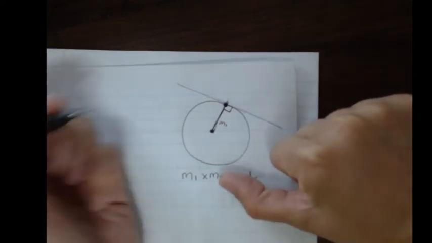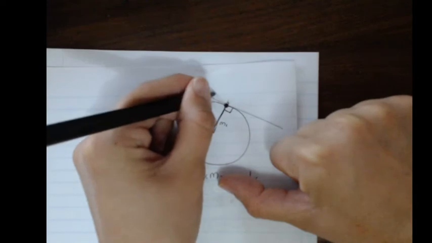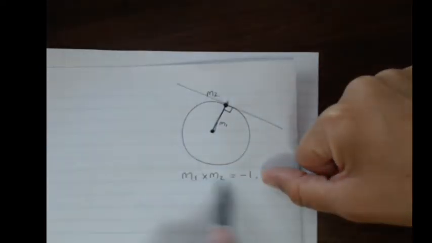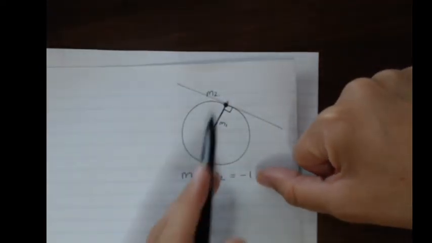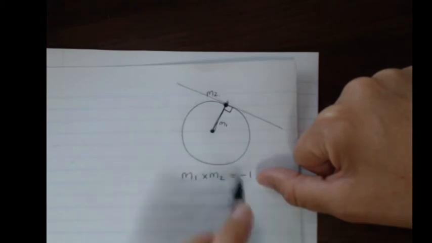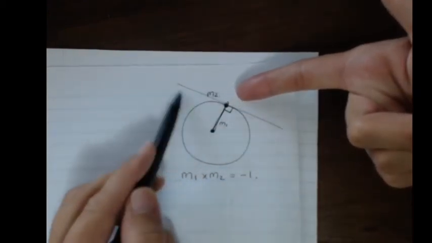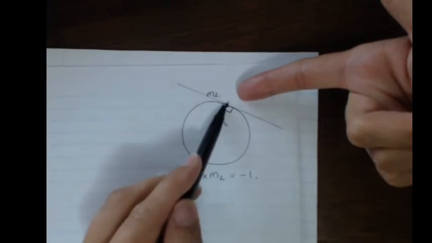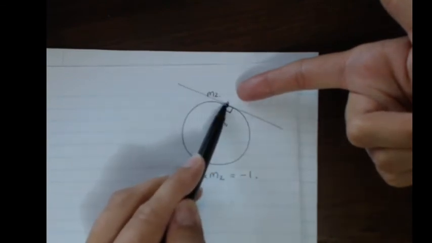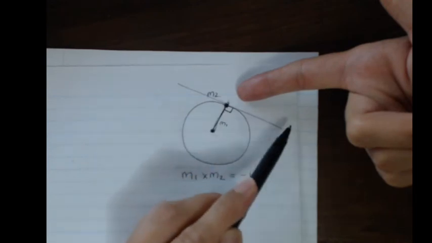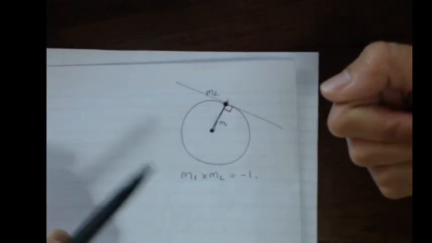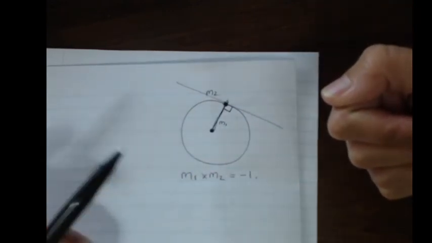Then you get the gradient of the tangent by using the fact that the two lines are perpendicular to one another. And then with this gradient and this point, you can substitute to get the equation of that line. Okay, everybody with me on the procedure?